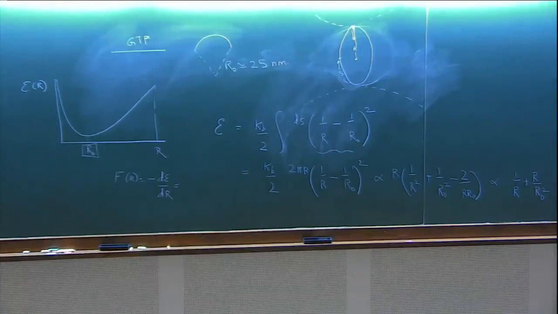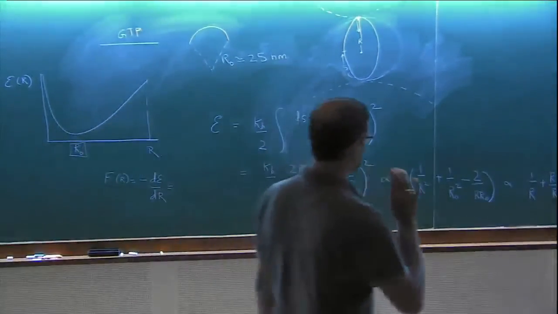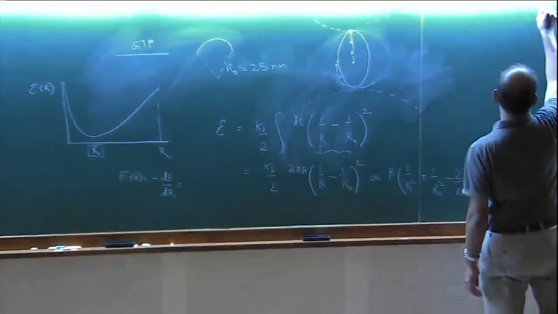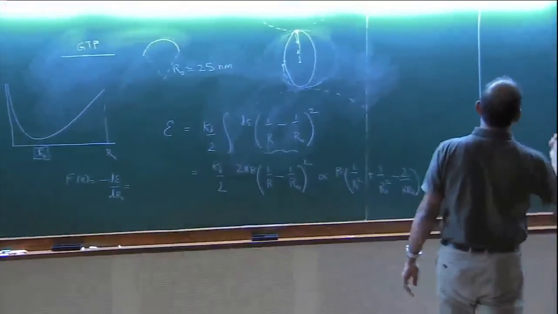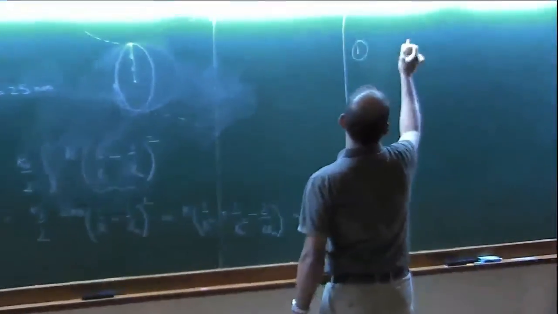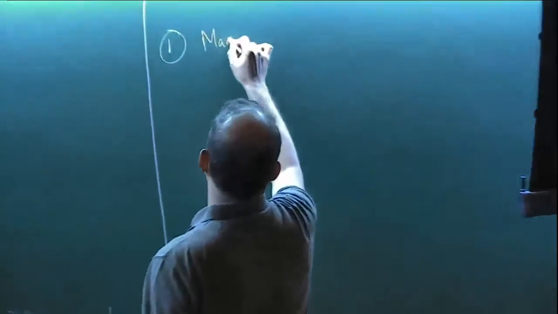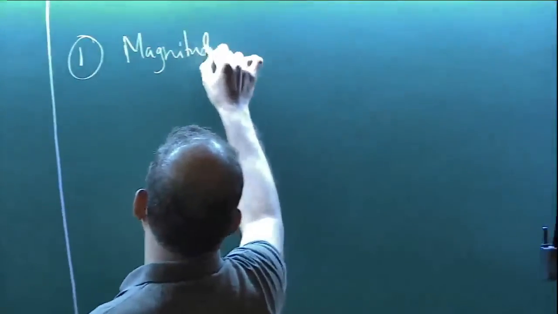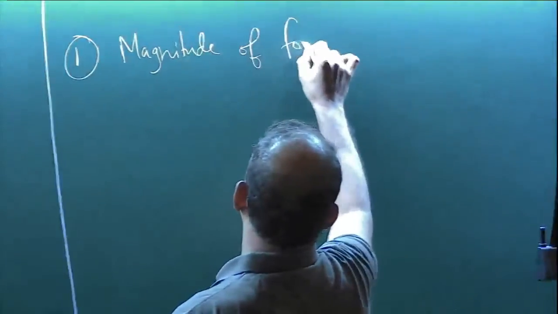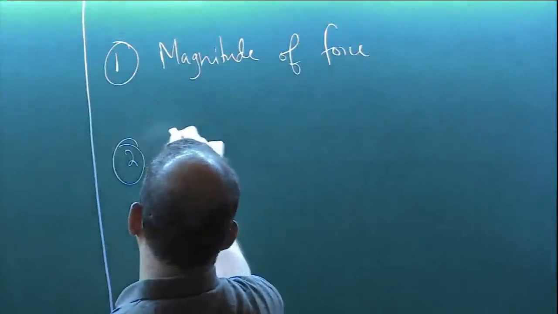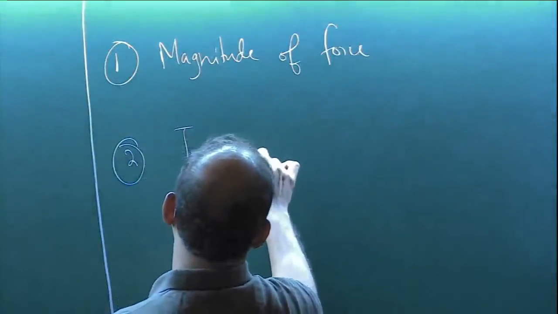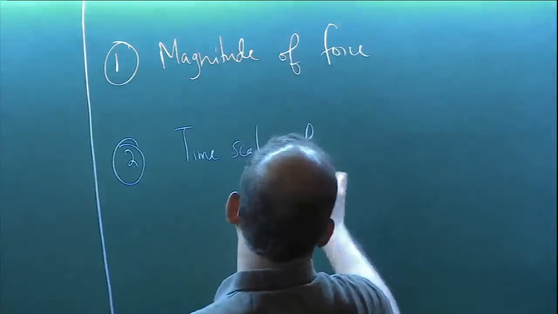So therefore, certainly in modeling a problem like this, one of the questions that we would start with is the magnitude of the contractile force. The second would be, let's say, the time scale of constriction.